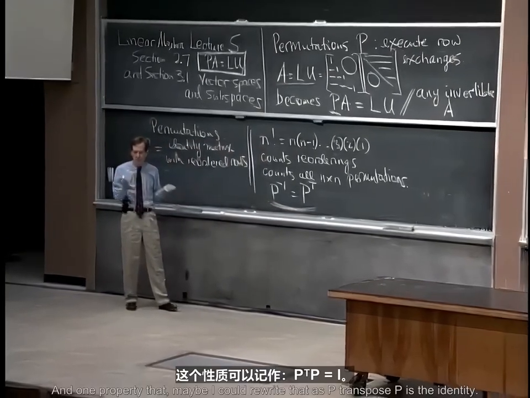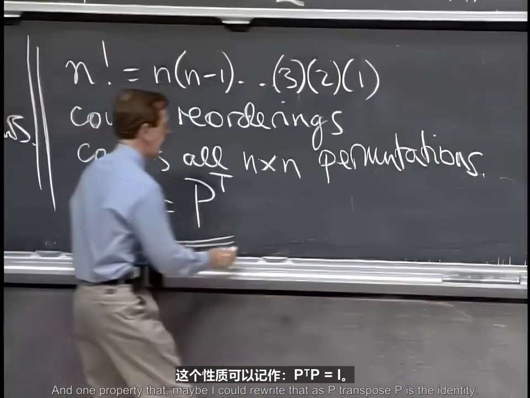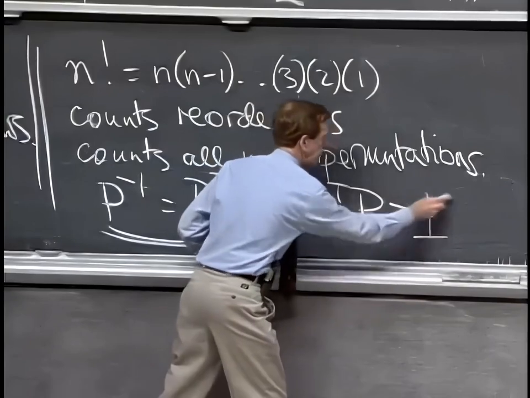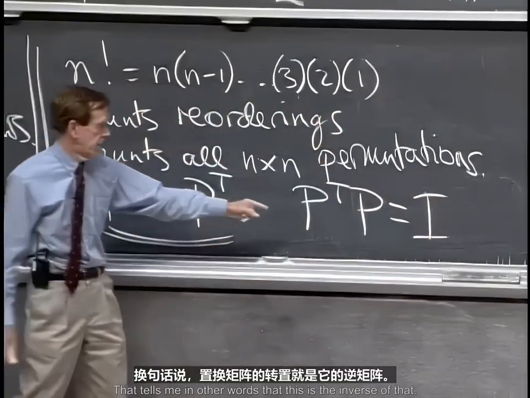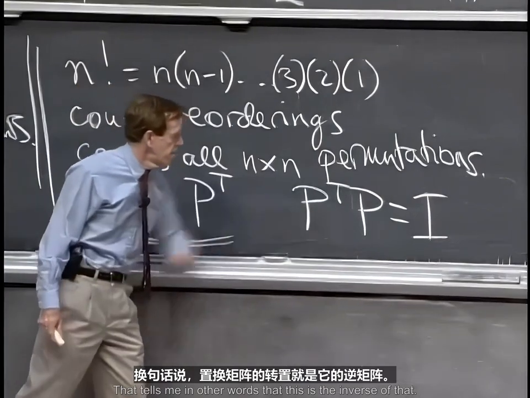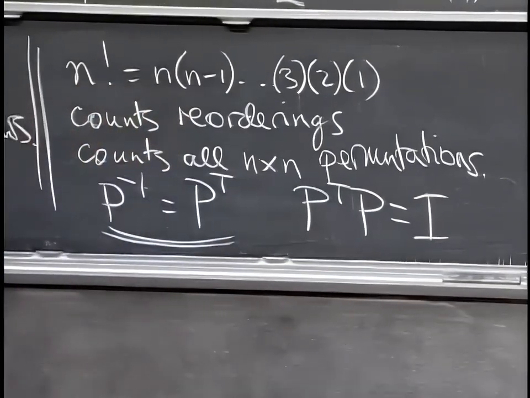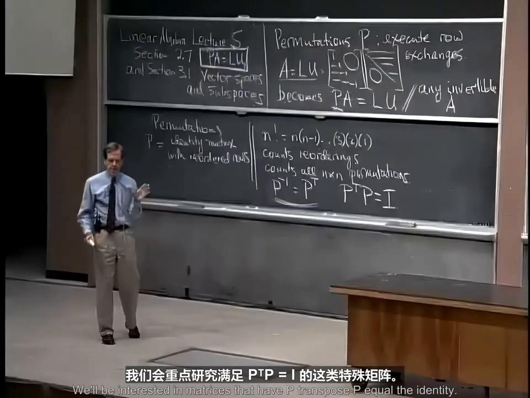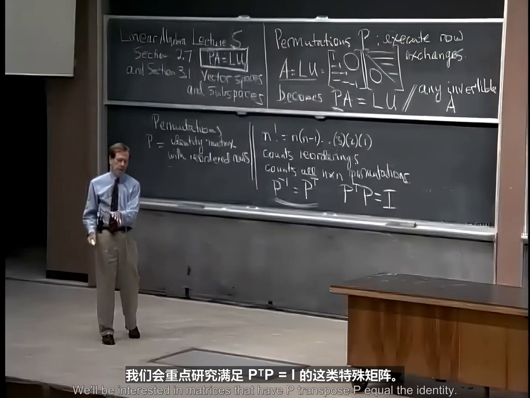And one property, maybe I could rewrite that, is P transpose P is the identity. That tells me, in other words, that this is the inverse of that. Okay. We'll be interested in matrices that have P transpose P equal the identity.